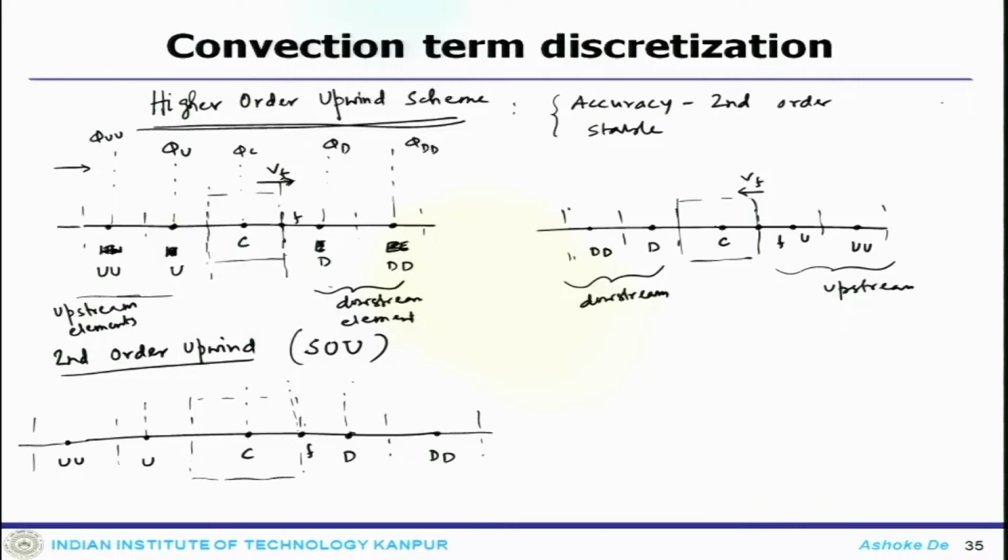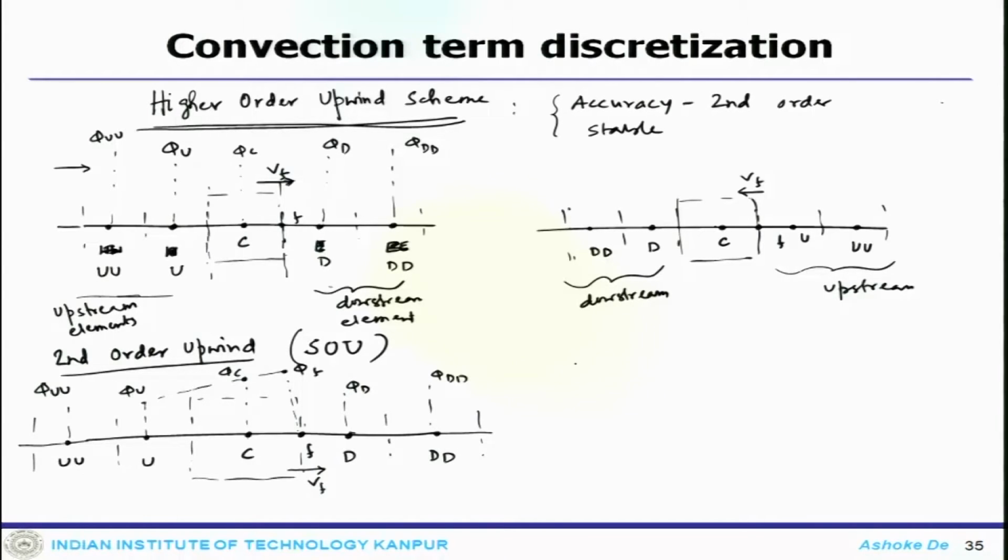So, this will have phi D, this is phi DD and this is where phi U, and they would be some sort of a phi C, phi F and this is phi UU. So, all this information is now stored, and why we are saying this is upstream is because at the face we are assuming the flow field is in this direction. So, the mass flux is positive at that particular face.